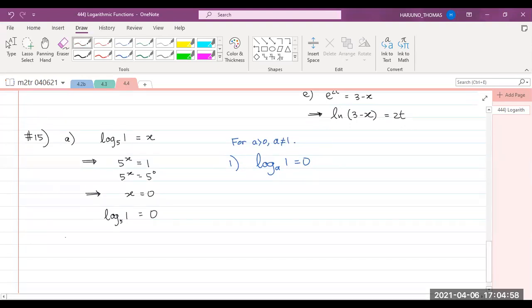Part B. Log base 3 of 3 equals what? Again, if you don't know, you write it as an x. Call that x, and then change it to exponential form. But 3 is basically 3 to the 1.